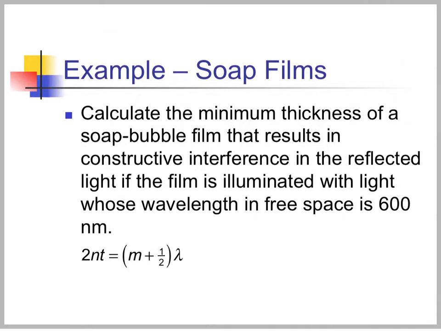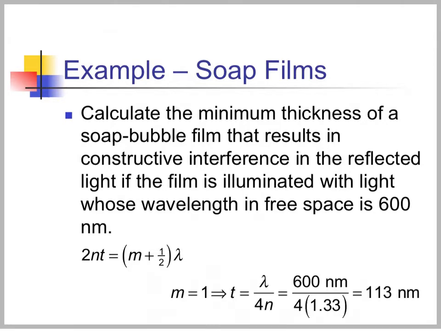So we can use the equation 2nt is equal to (m + 1/2) lambda. So the minimum would be when m is equal to 1, or the thickness is lambda over 4n, which is going to be 600 over 4 times 1.33, which is 113 nanometers. It's the thickness of the film.